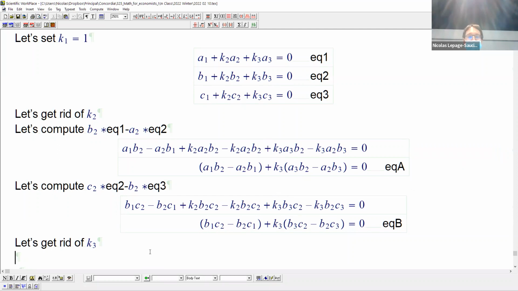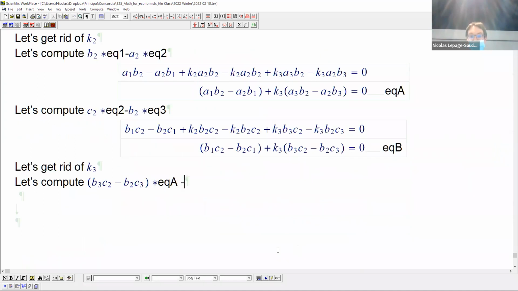So what we can do is this times equation A minus this thing there times equation. And if I do that, well, I should have the same term for K3 in both.